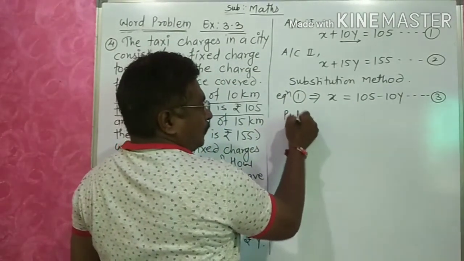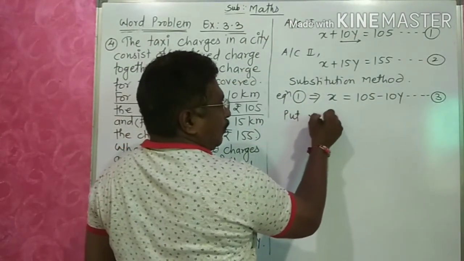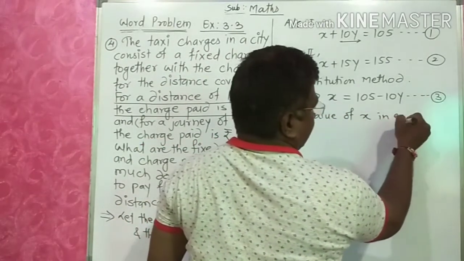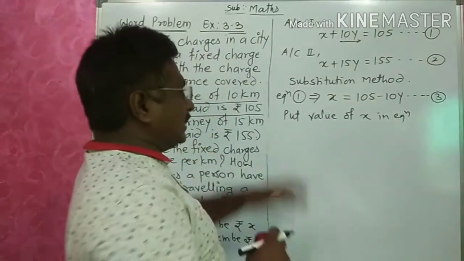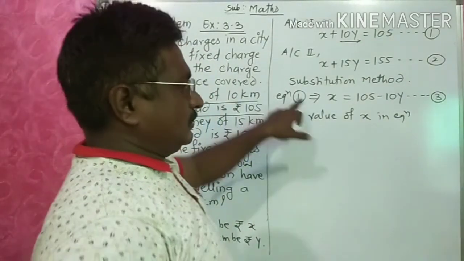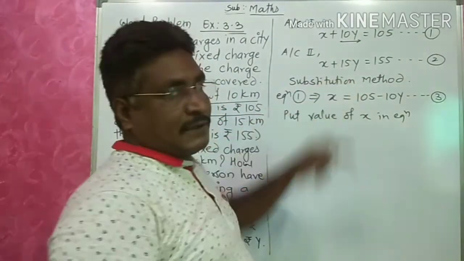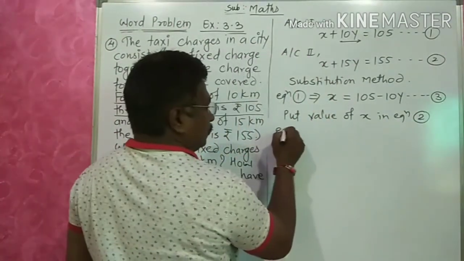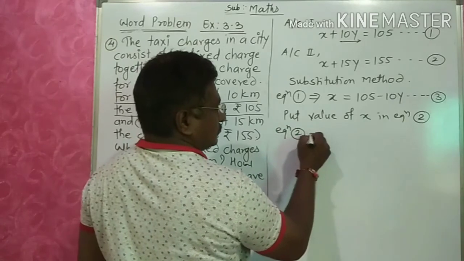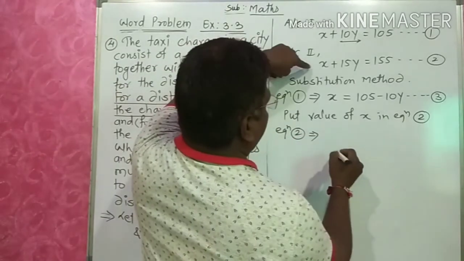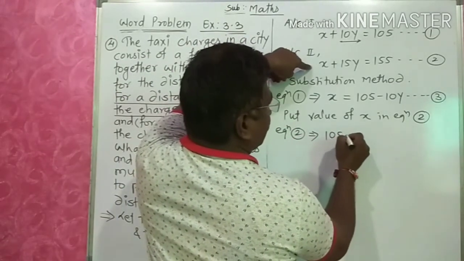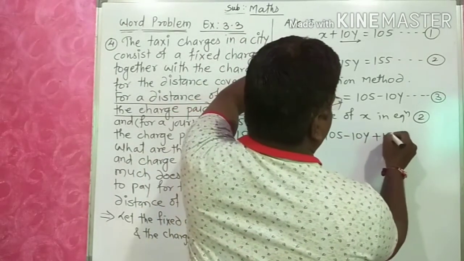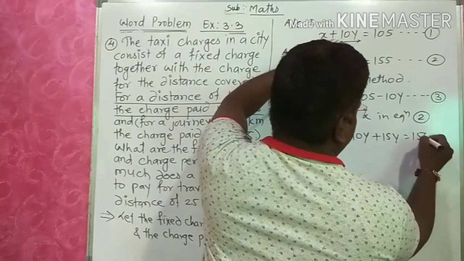Now put the value of x in the equation. Which equation did we transform? Equation 1. So the value of x we have to put in equation 2. So equation 2 becomes 105 minus 10y plus 15y equals 155.